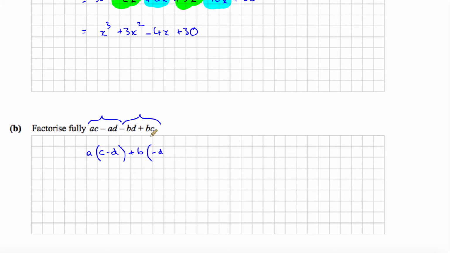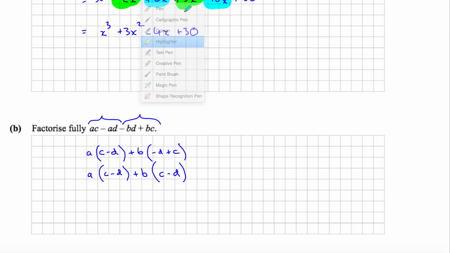And if I take b out of this, factorize it out, I'm left with positive c. And on first impressions, it looks like this bracket's different to this one, but actually, c − d is the same as −d + c. It's just written backwards, so we can write this one the same way around.